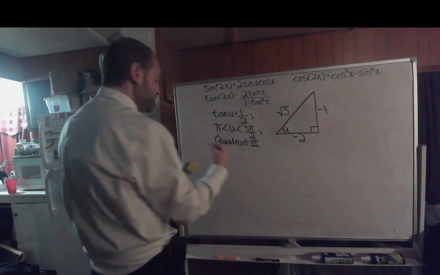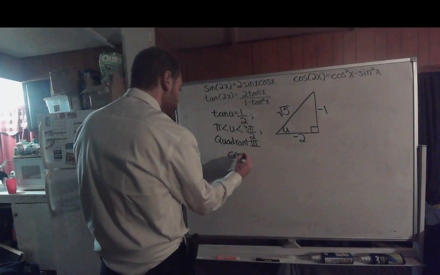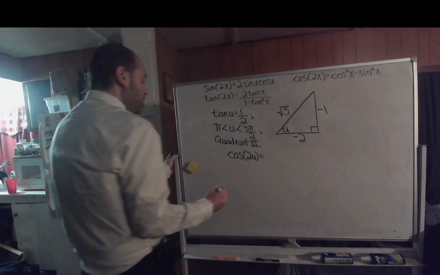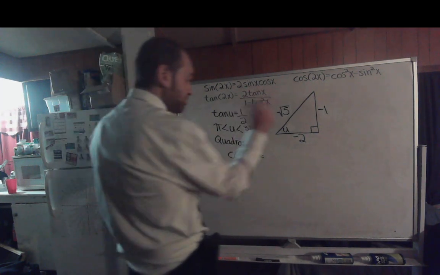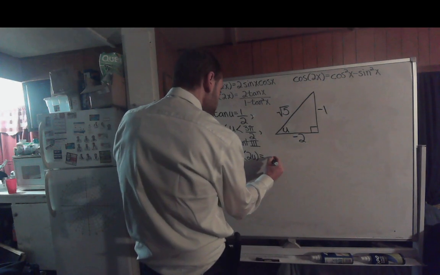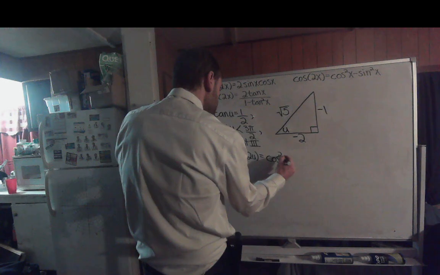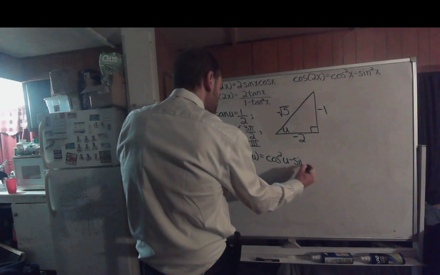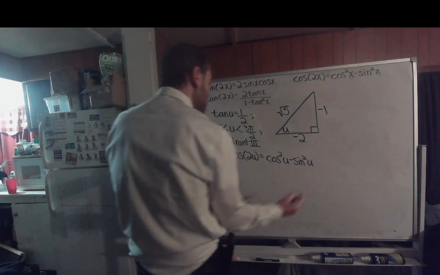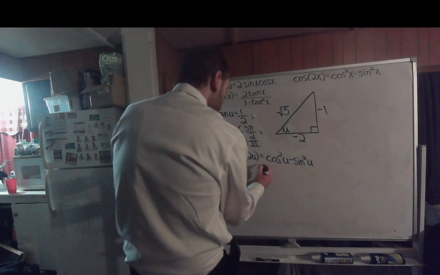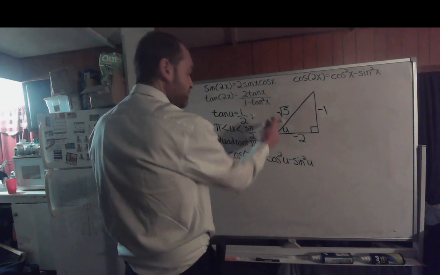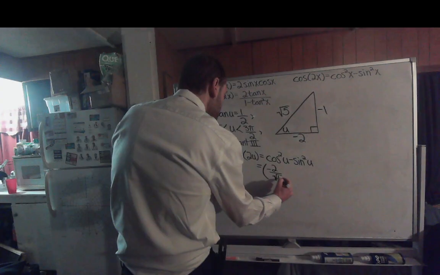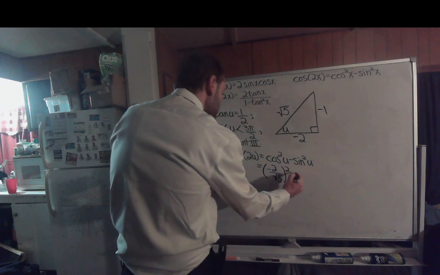Let's find the cosine of 2u. Alright, so let's apply the double angle formula for the cosine function. That would be the cosine squared of u minus the sine squared of u. Alright, so let's apply these values. The cosine of u is -2 over the square root of 5, but we have to square that.